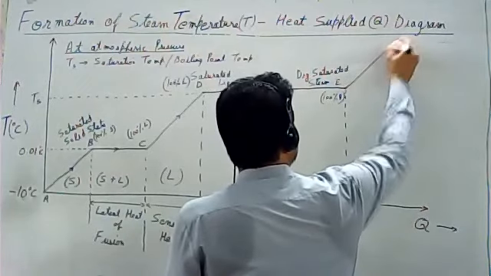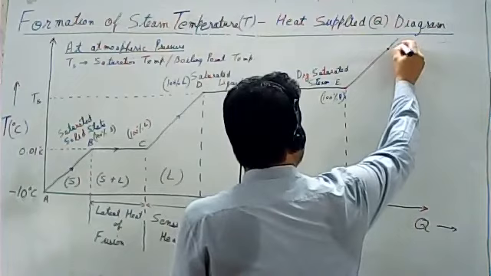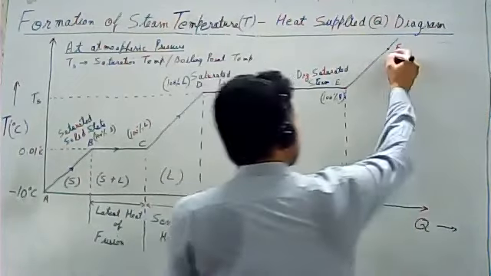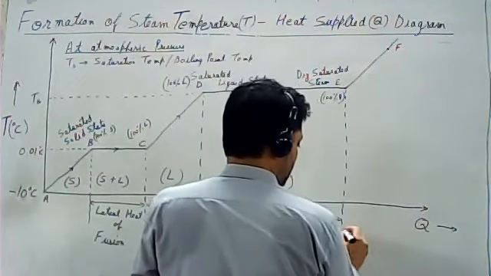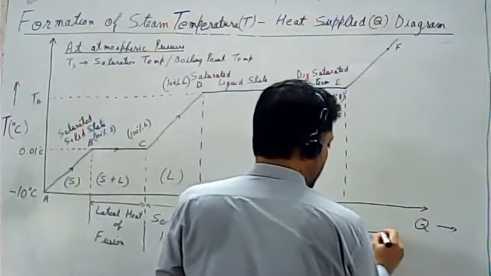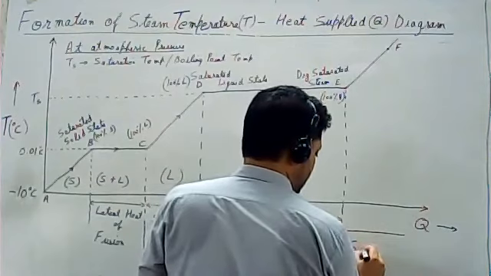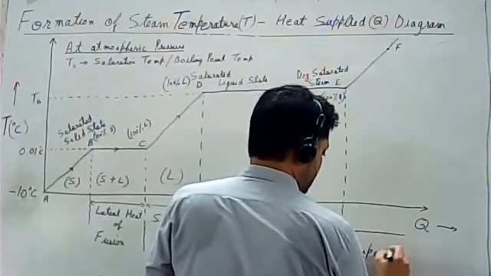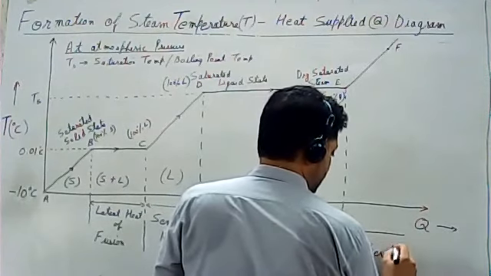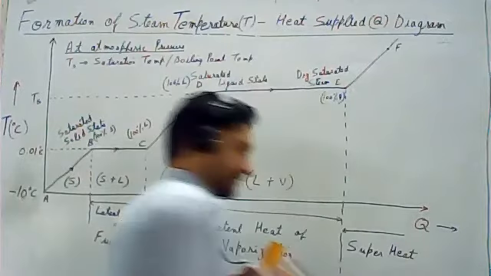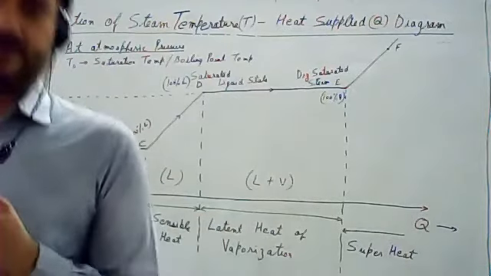Suppose point F is there. Beyond this point is your superheat region. So steam becomes superheated.